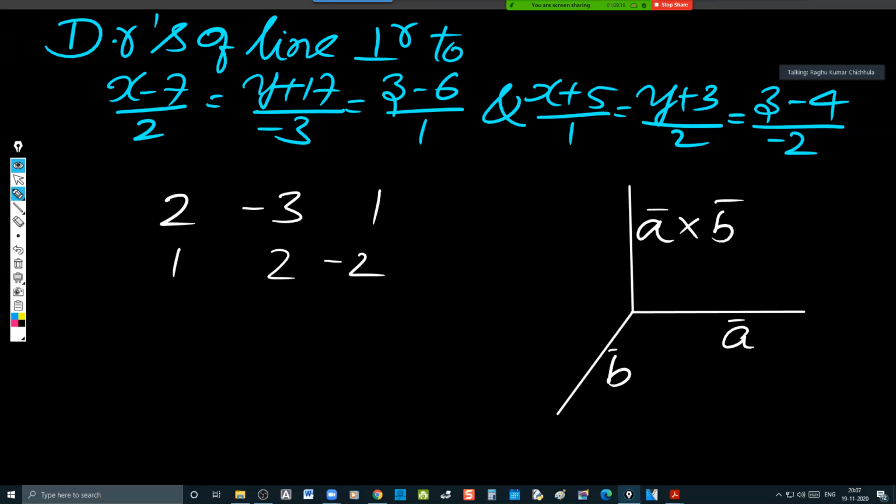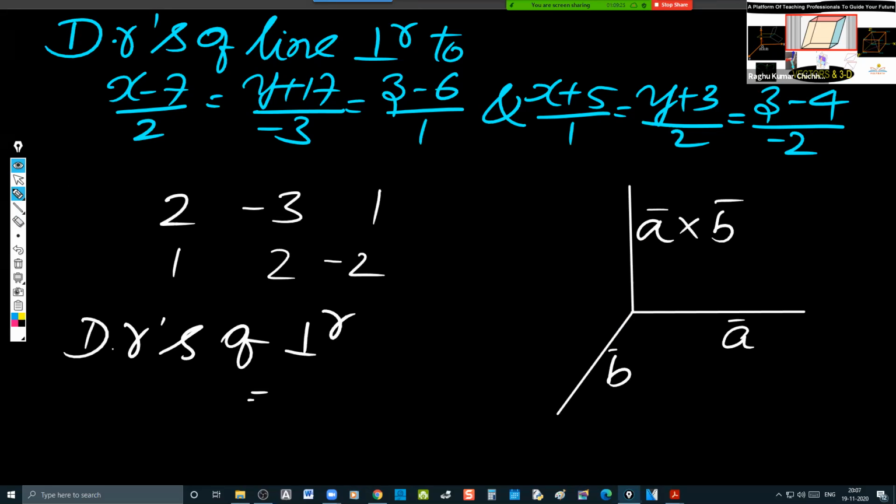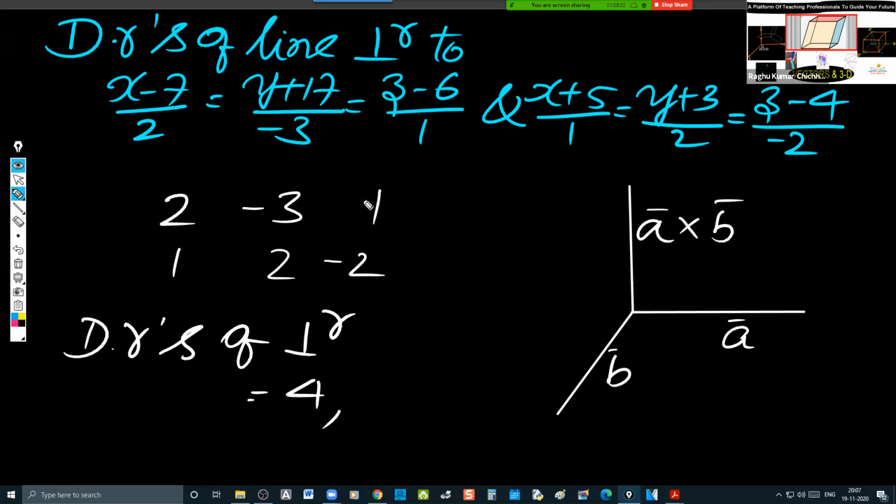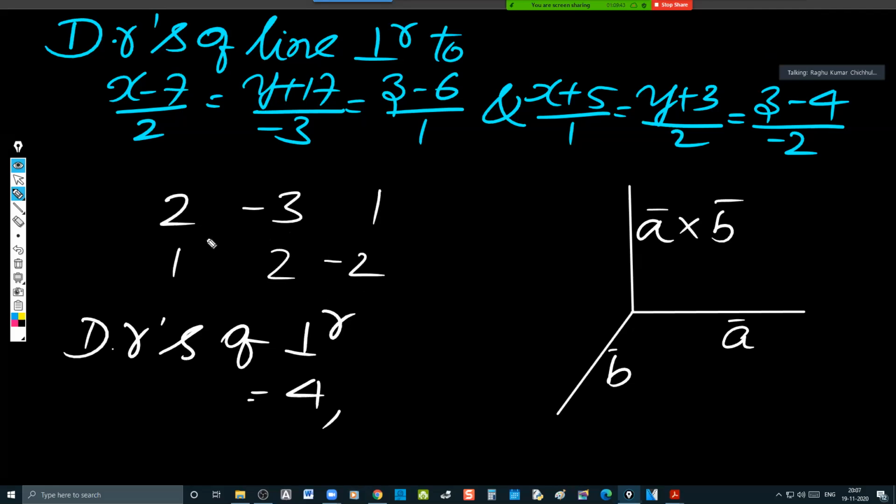Therefore, DRs of perpendicular: 4. Good. Next. Leave the middle one and cross multiply from the right side, please. 1 into 1 plus 4.